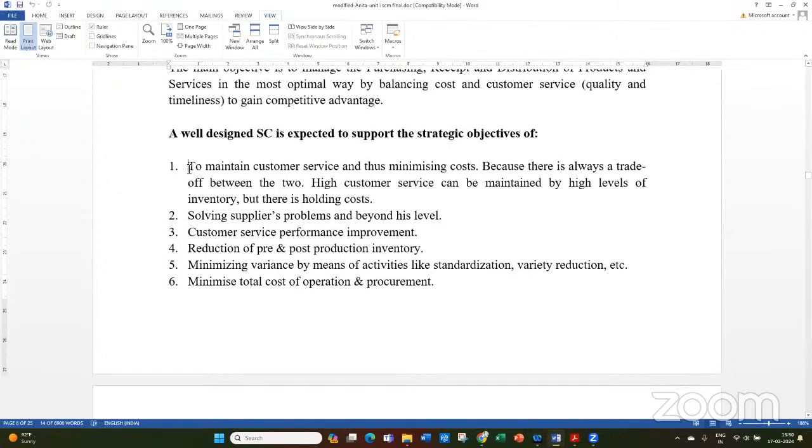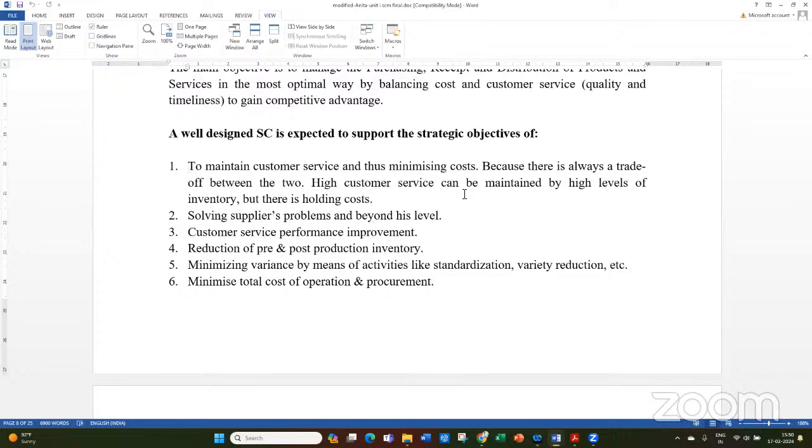The objective of the supply chain is to maintain customer service and minimize cost. How do you maintain customer service? Higher customer service can be achieved with high levels of inventory, therefore holding cost. You want to see that your product will be available all the time.